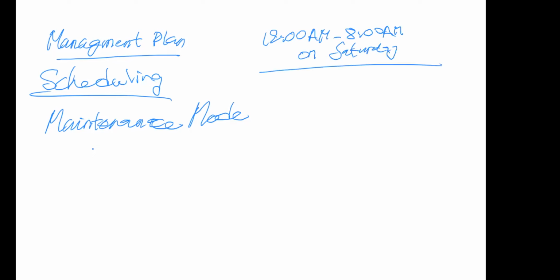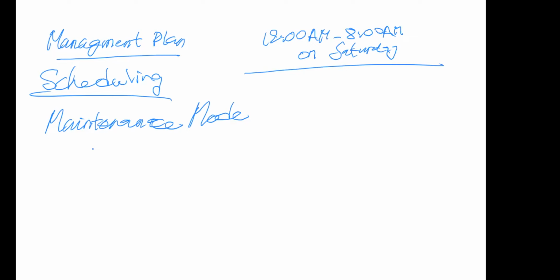In Saudi Arabia, our holiday is on Friday and Saturday. We do it from 12 a.m. till 8 a.m. on Saturday. And we are doing it 7 times per year, I think. I'm not sure, 7 or 8. It depends upon the size of the data center.